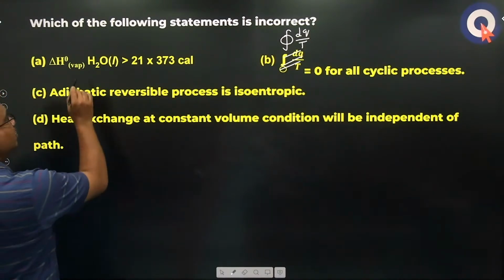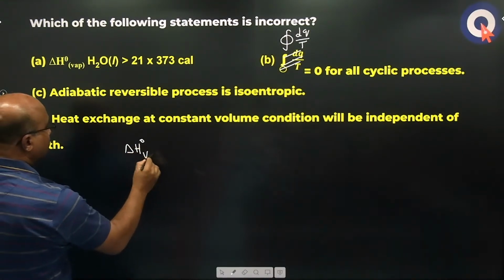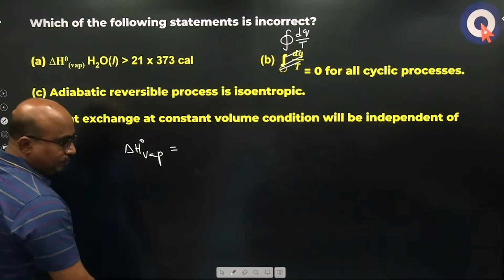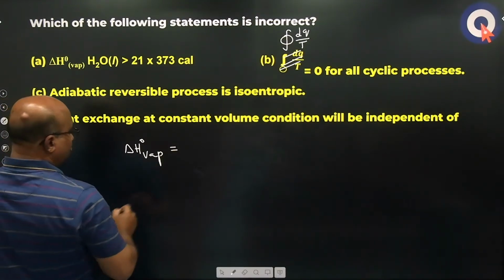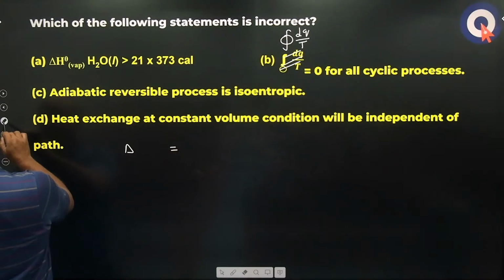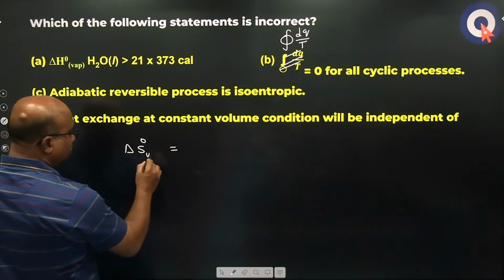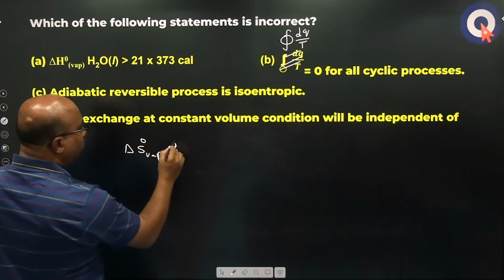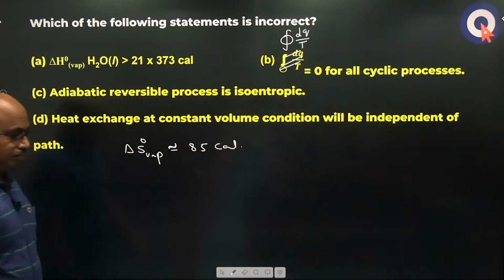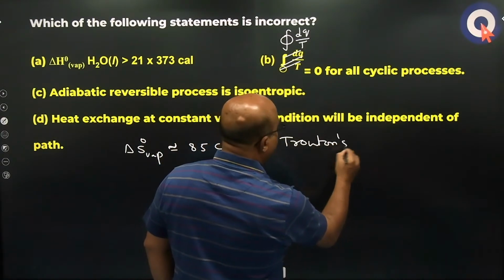So what we usually say is the delta H naught of vaporization of any compound can be given, in terms of Trouton's law, as delta S naught of the vaporization process is nothing but nearly, for all the liquids under the standard condition, equal to 85 calories. So this is indicated by Trouton's law.